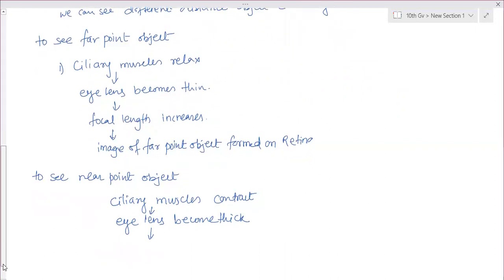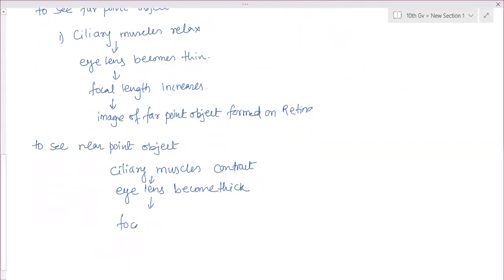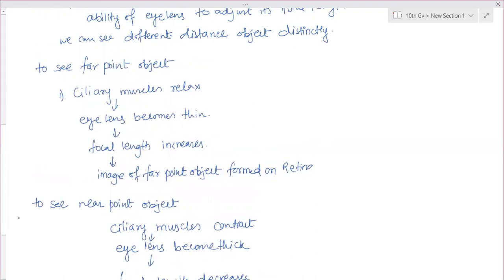Focal length decreases. Image is formed on the retina. This is a very important part. Write down properly the definition of power of accommodation and the changes that happen due to it.